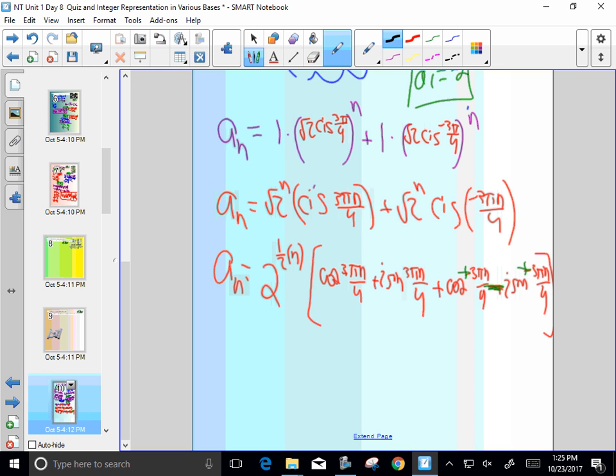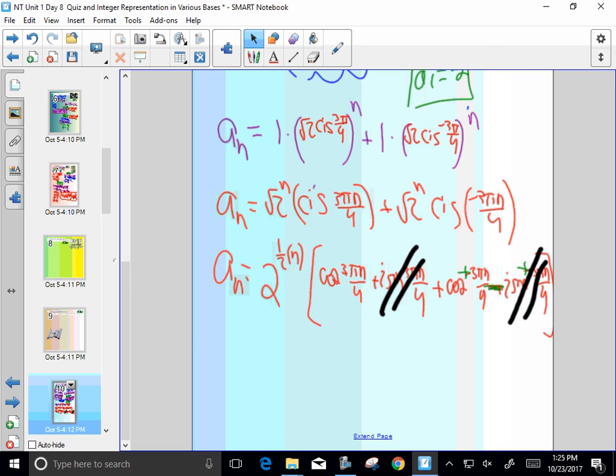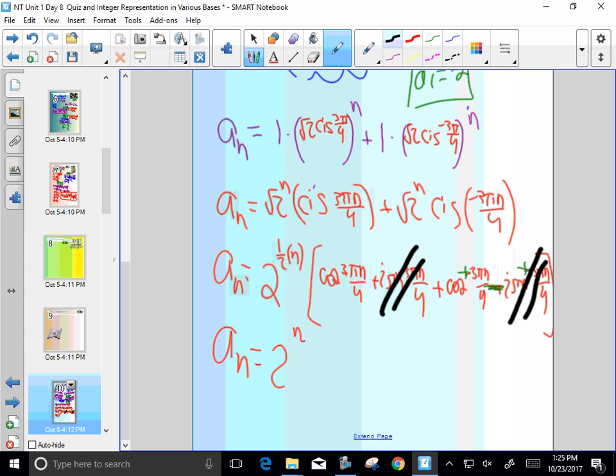Okay. These two will cancel out. You did this last year, I know. We did this a bunch of times on an IB test. And then 2 to the n over 2. And how many of these cosine 3 pi n over 4s do we have? We have 2 cosine 3 pi n over 4s.